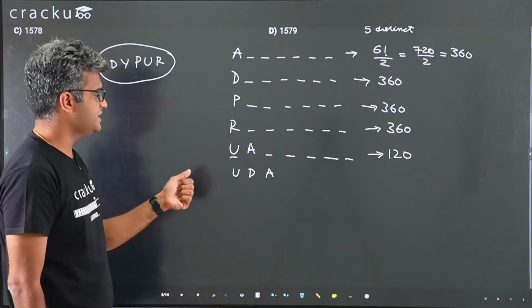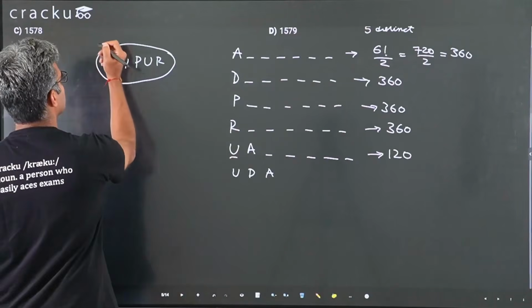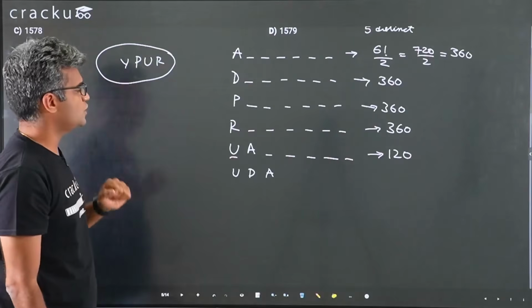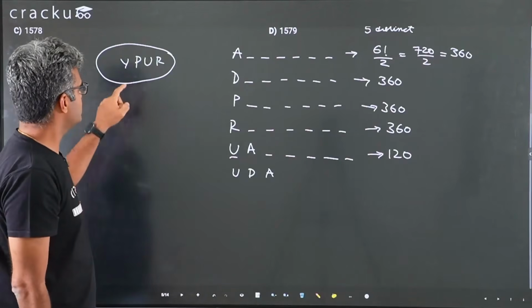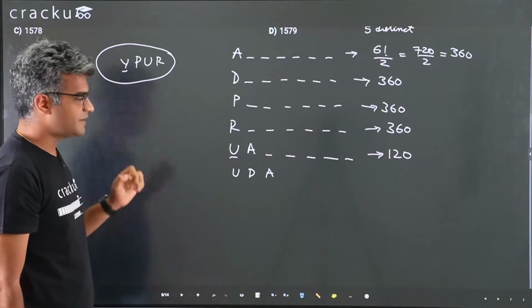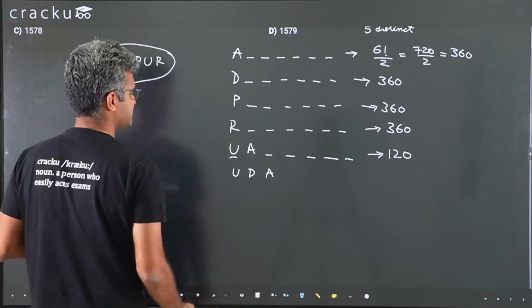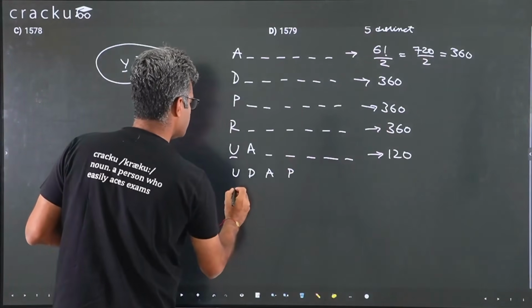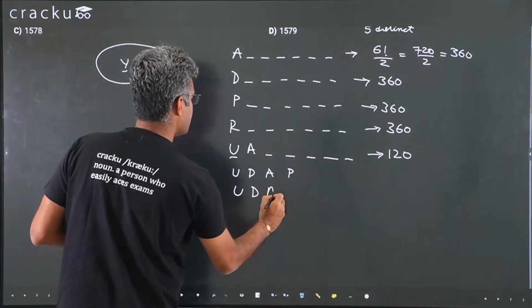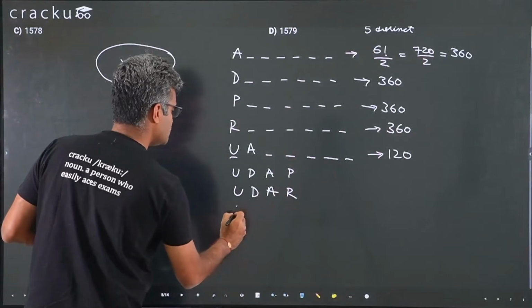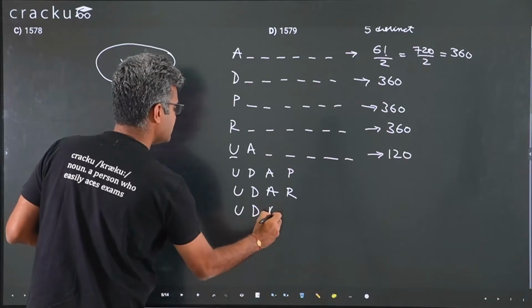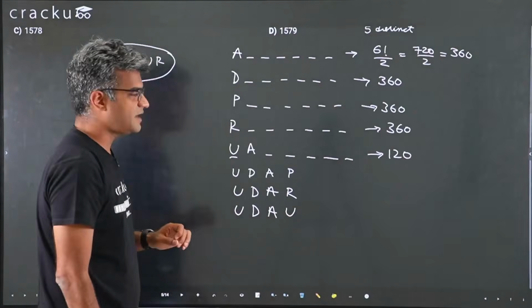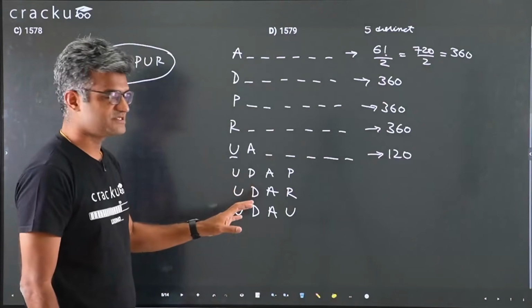You have U, D, A. We are left with I, P, U, R. In Udaipur, next will be I. But all the words which are starting with U, D, A, P or U, D, A, R or U, D, A, U, all of them are ahead of Udaipur in the dictionary.